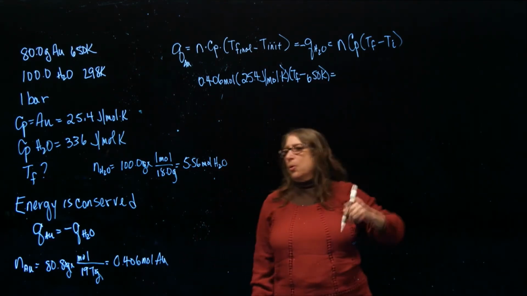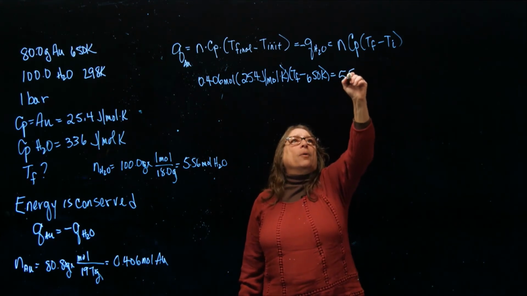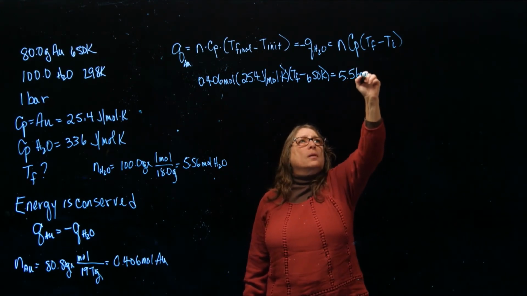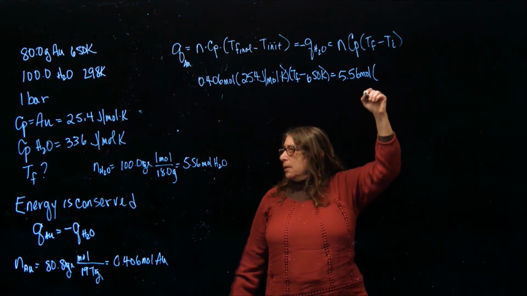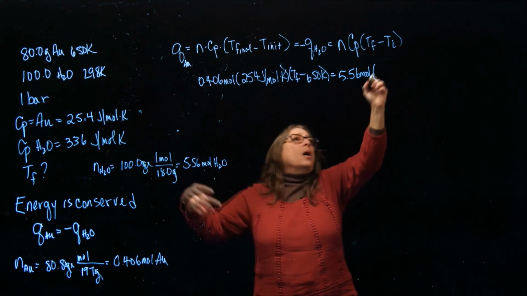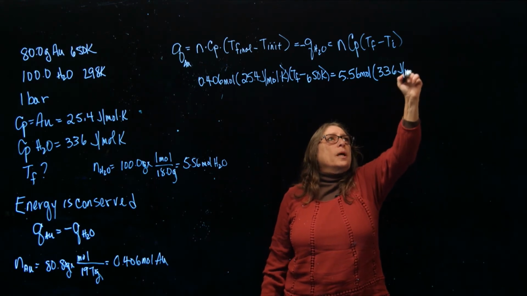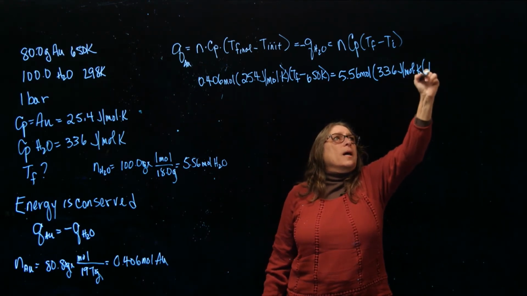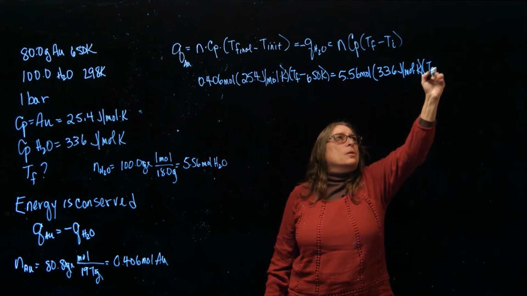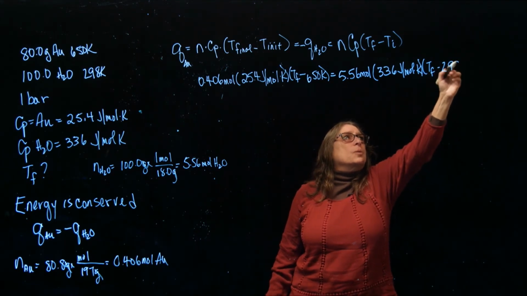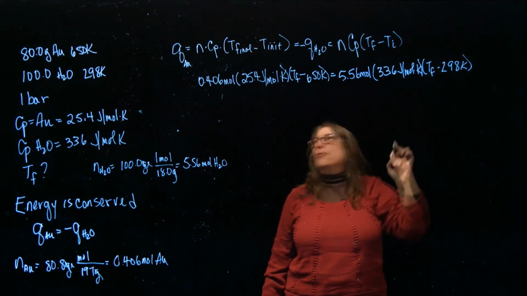And that's equal to the moles of water, 5.56 moles of water times the heat capacity of water, which is 33.6 joules per mole Kelvin. And that's times the final temperature minus the initial temperature, which is 298 Kelvin.